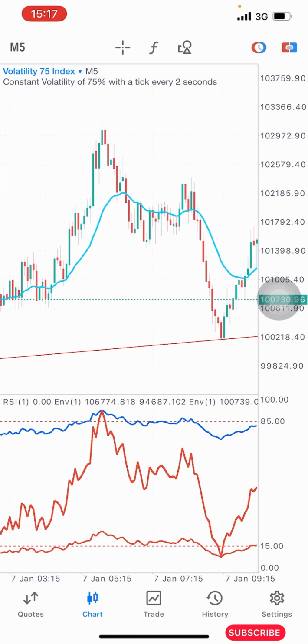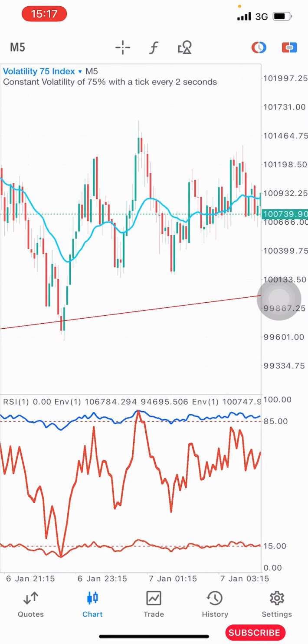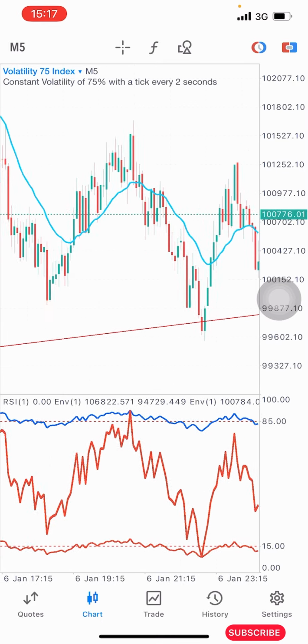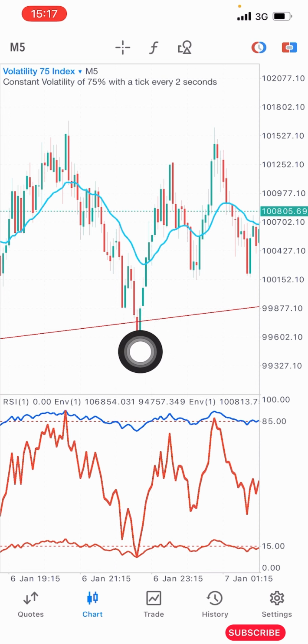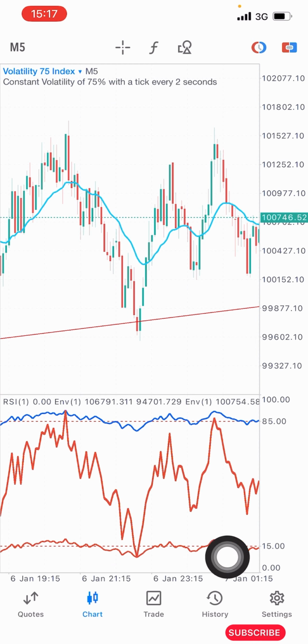Now whenever you see a candlestick pattern like this, let me show you something. You can see a long wick and a big body here, and the red line here is also at the oversold level, touching this red line below here.